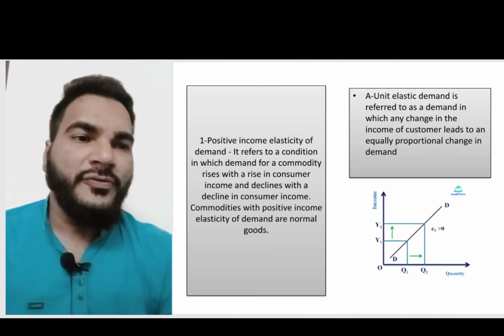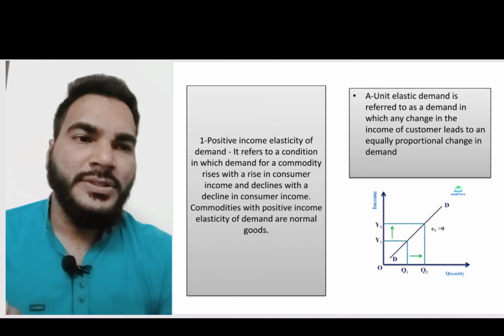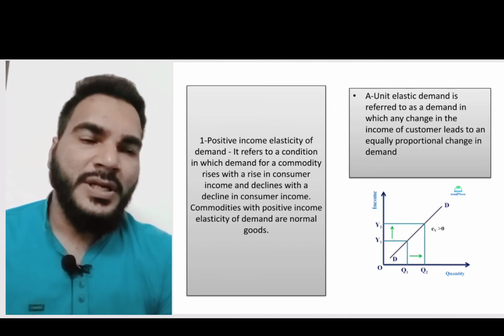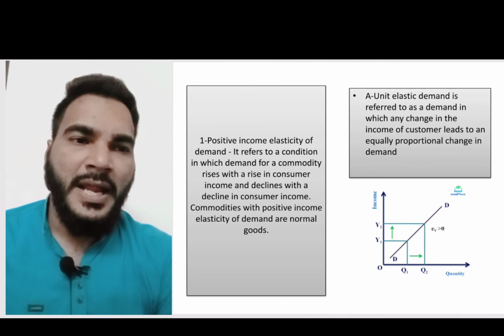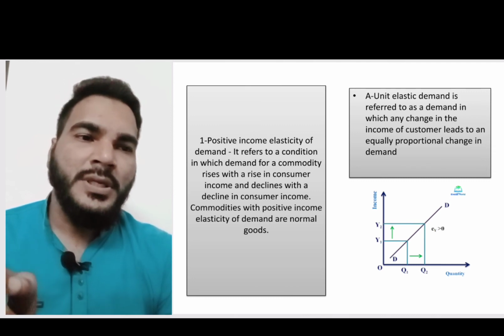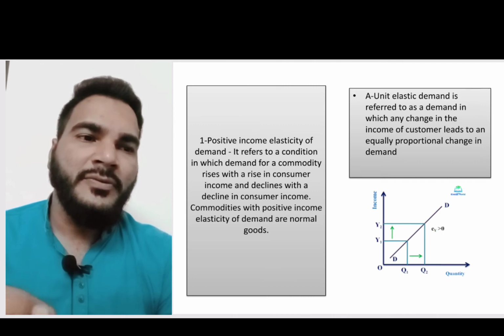Here it refers to a condition in which demand for a commodity rises with the rise in consumer income and declines with the decline in consumer income. Commodities with positive income elasticity of demand are normal goods.